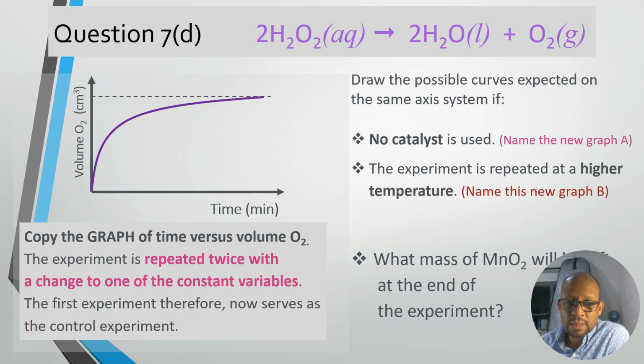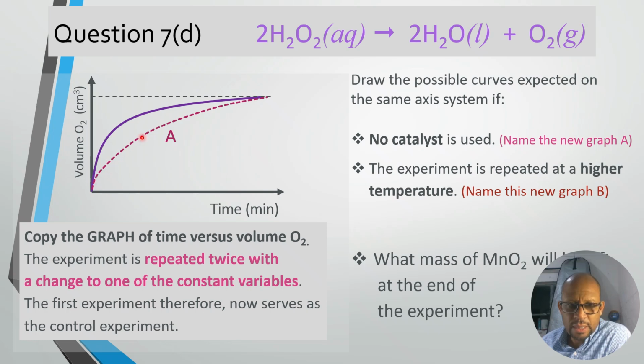Draw the possible curves expected on the same set of axes if no catalyst is used, and that we're going to indicate as A, and then the experiment is repeated at a higher temperature, and we're going to indicate that graph as B.